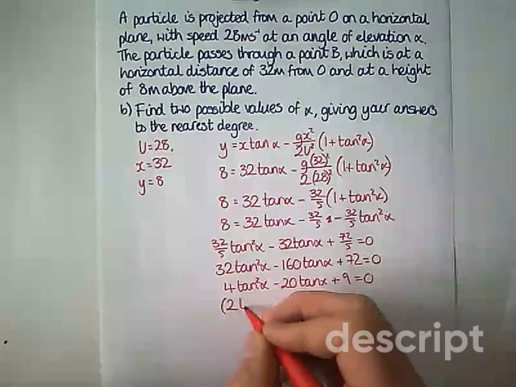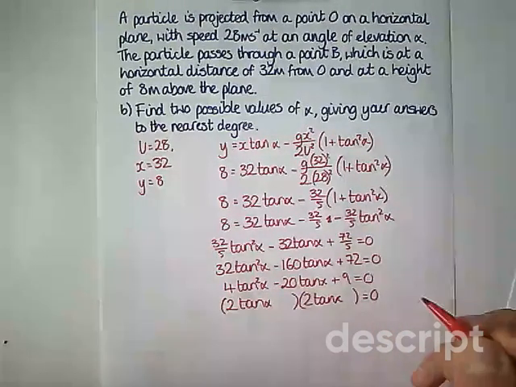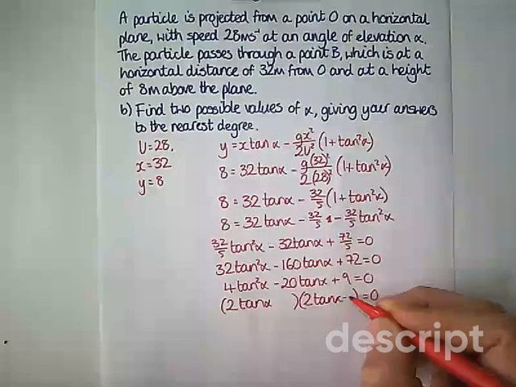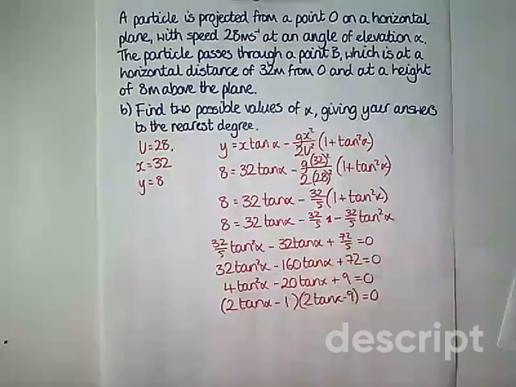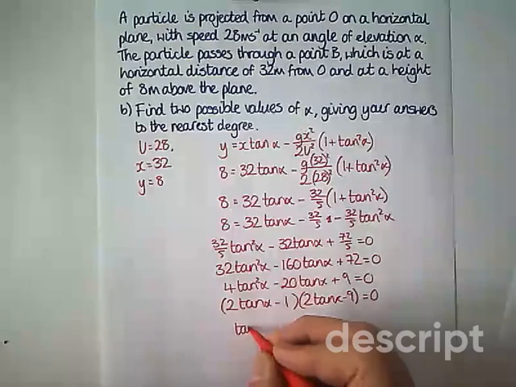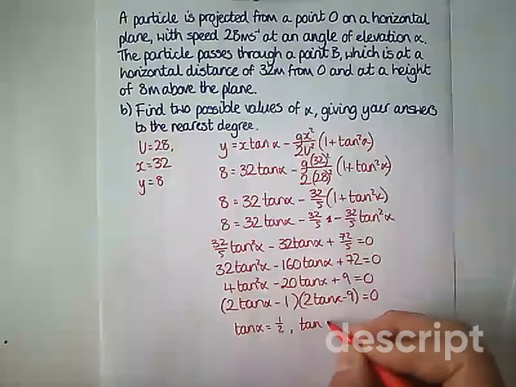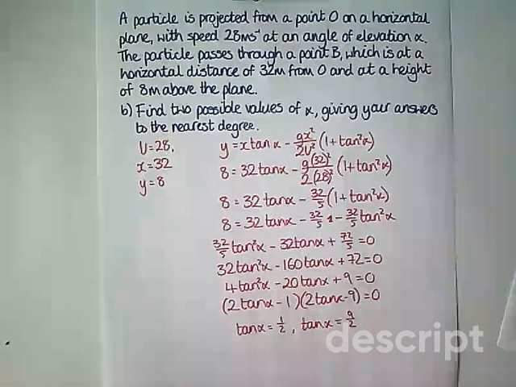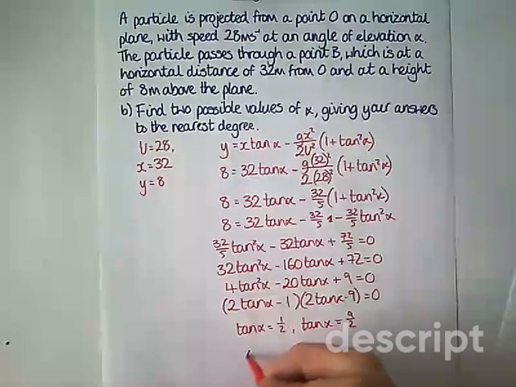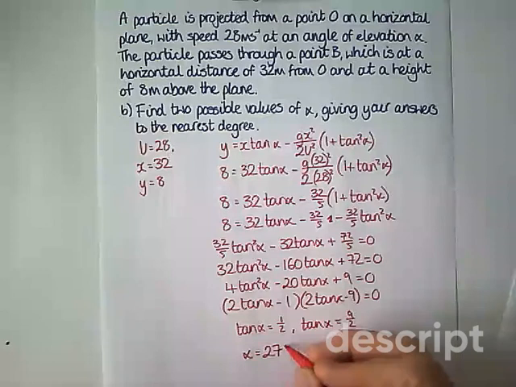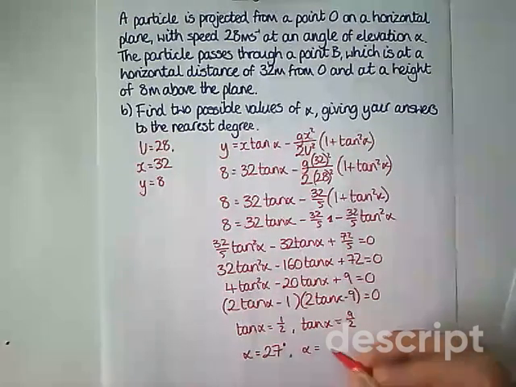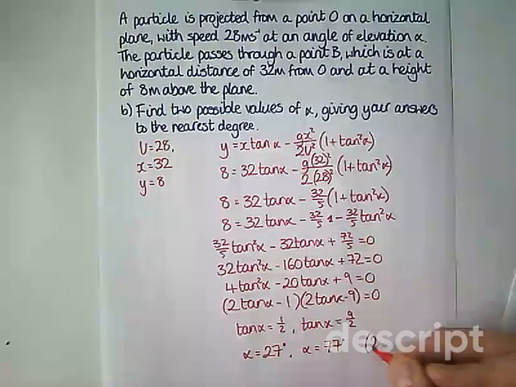Let's see if we factorize. We will need minus 9 and minus 1, so tan alpha equals a half, or tan alpha equals 9 over 2. So therefore alpha equals 27 degrees, or alpha equals 77 degrees to two significant figures.